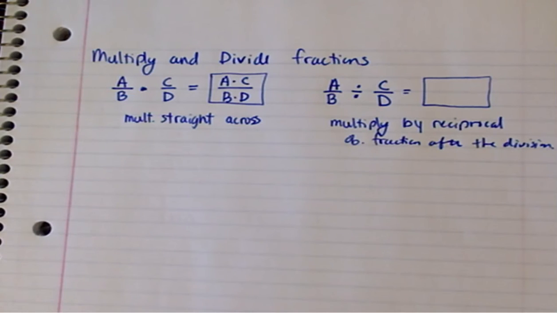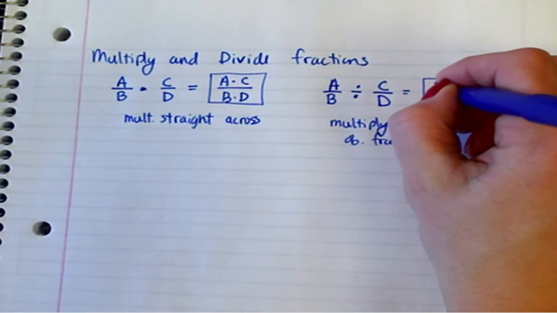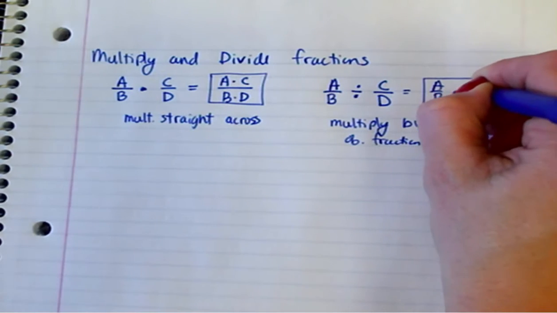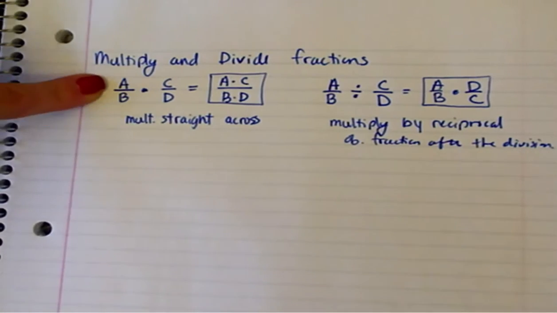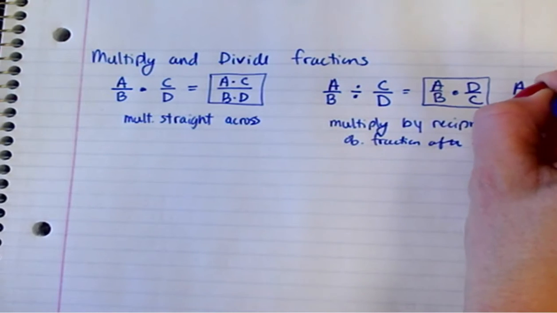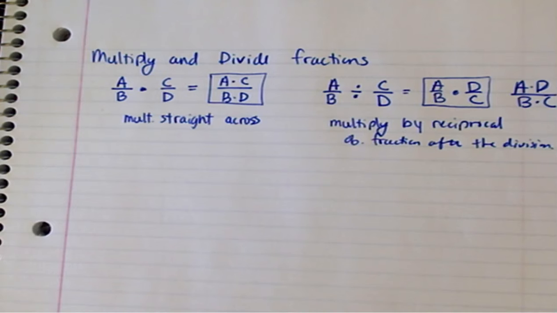So this becomes A over B times the flip. That's what it becomes. And now it's a multiply problem. You go straight across. A times D over B times C. Those are just placeholders, right? Just so that we can write down how I actually do the division.